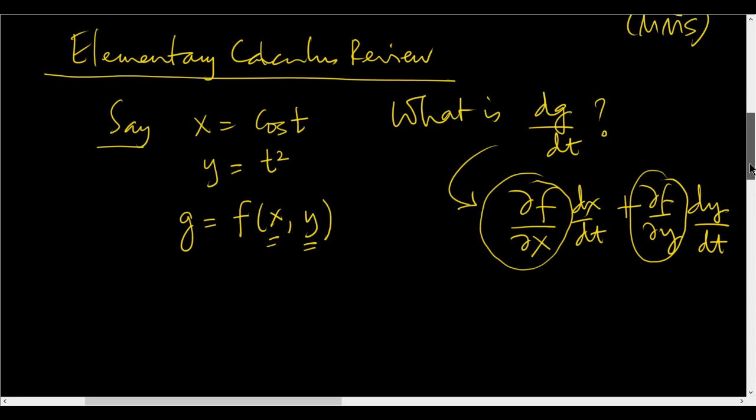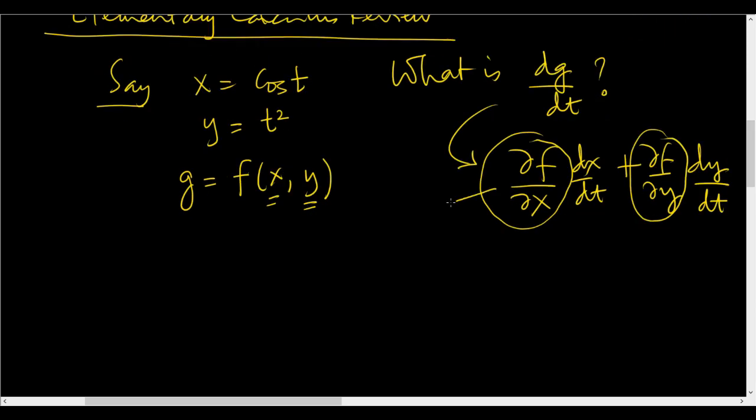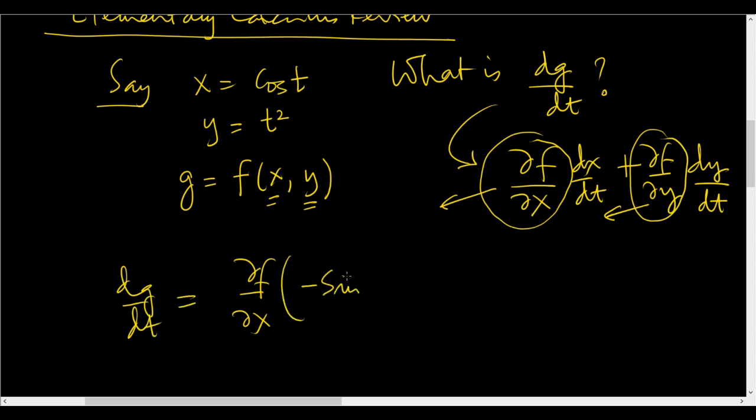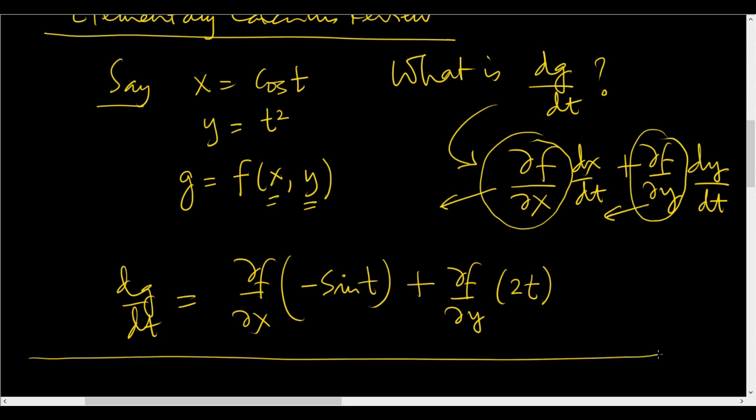Okay, these are interesting calculus operations, and so we are left with dg dt equals minus sine t del f del x plus del f del y times 2t. Okay, very basic. All right, there's just no doubt that this is correct.